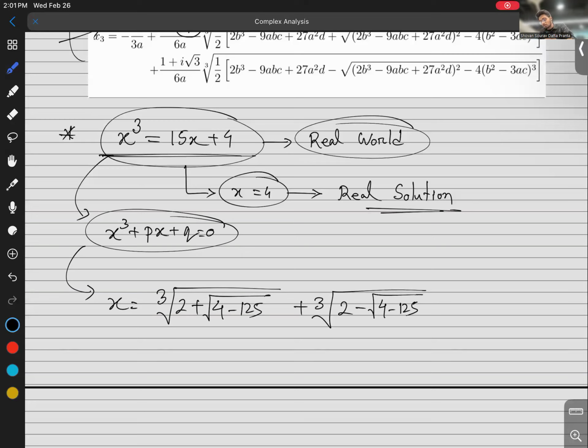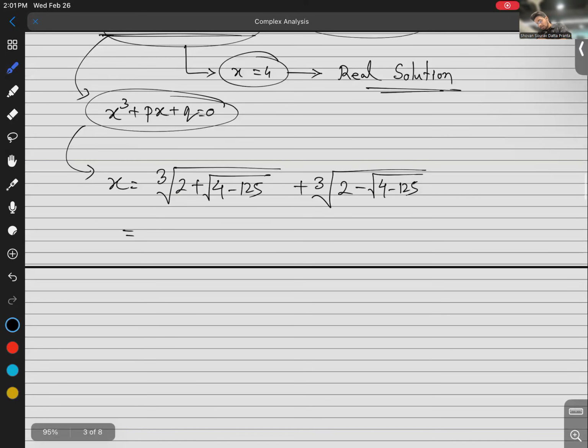So we are just substituting the values of p and q, and then we are getting this result. After simplifying this a bit, we get cubic root of 2 plus root over minus 121 plus cubic root of 2 minus root over 121. Sorry, this should be minus 121.